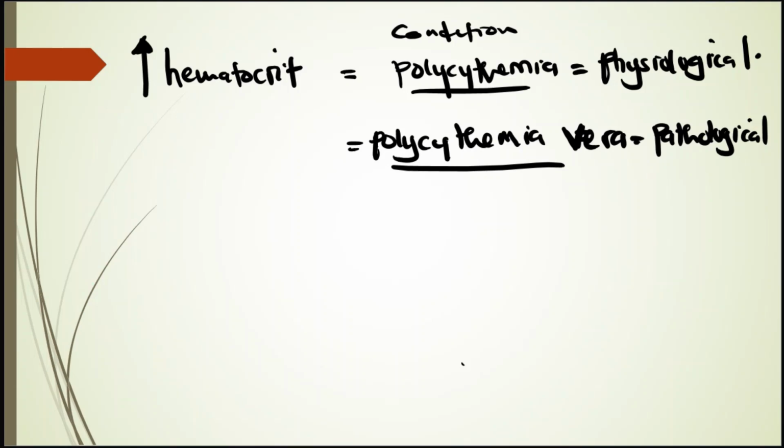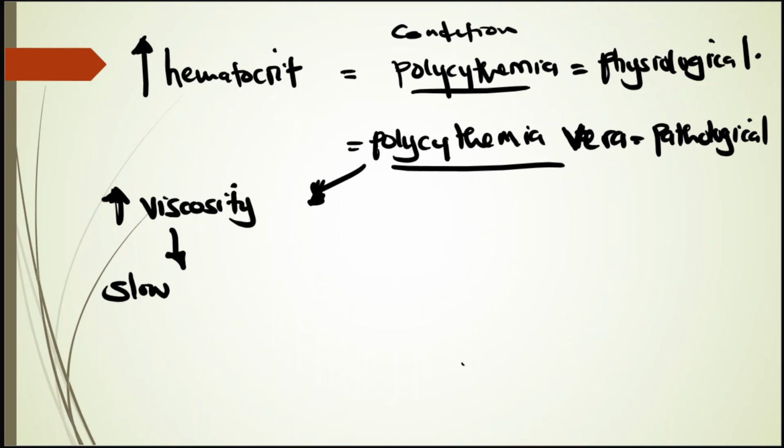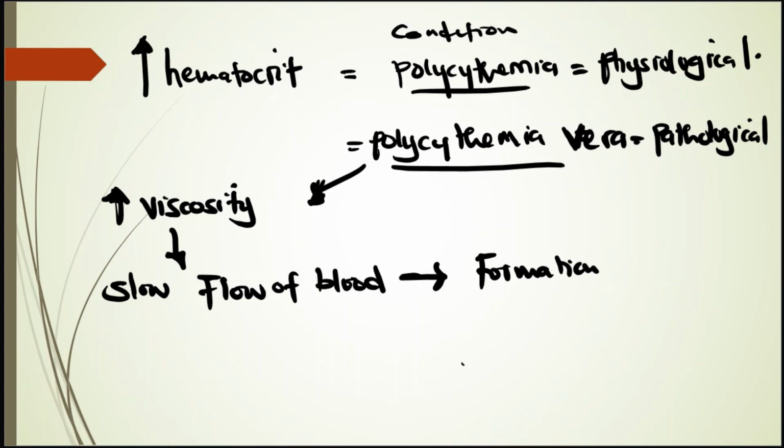Okay. Now, if there is polycythemia vera, what will happen is that there's going to be marked increased blood viscosity. What this means is that there's going to be slow flow of blood in the blood vessels, which is going to lead to formation of clots. Formation of blood clots. Now, if clots form, they're going to block blood vessels.